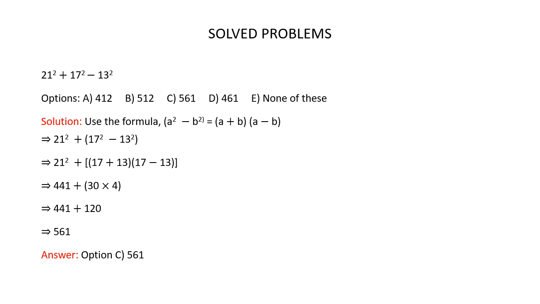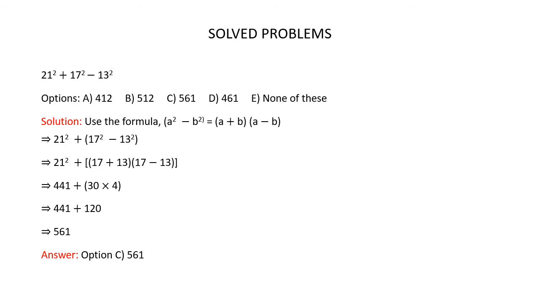You know that a squared minus b squared is equal to a plus b multiplied by a minus b. Here a is 17 and b is 13. So you have the expression as 21 squared plus 17 plus 13 multiplied by 17 minus 13.